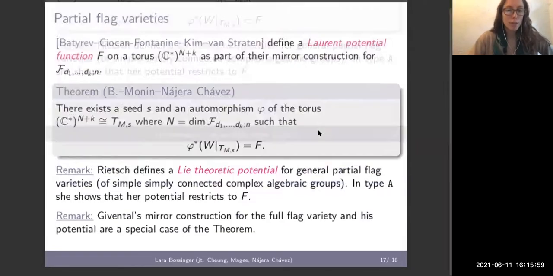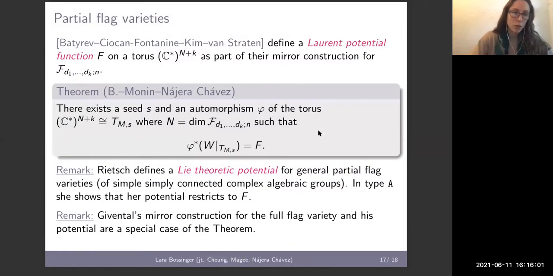And the potential Givental writes down in his mirror construction is a special case of this one. So really this theory of Gross, Hacking, Keel, and Kontsevich and the potentials they construct fit very nicely inside everything that was known, or potentials that were constructed, for flag varieties before.